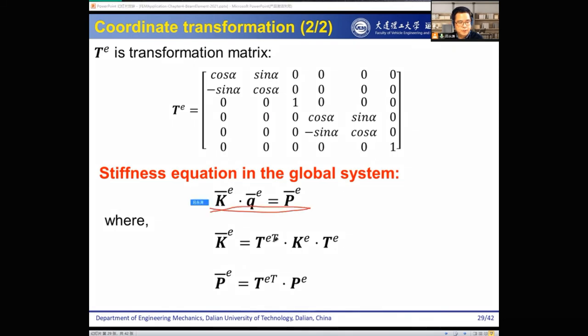The stiffness matrix in the global system equals the stiffness in the local system times the transformation matrix. Similarly, the force in the global system equals the force in the local system times the transformation matrix.